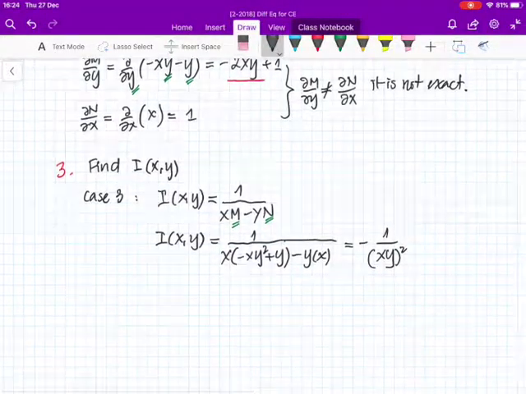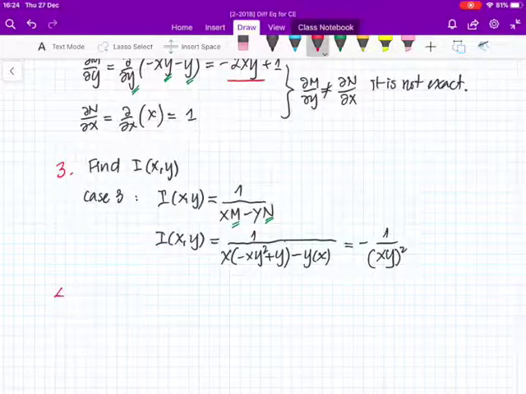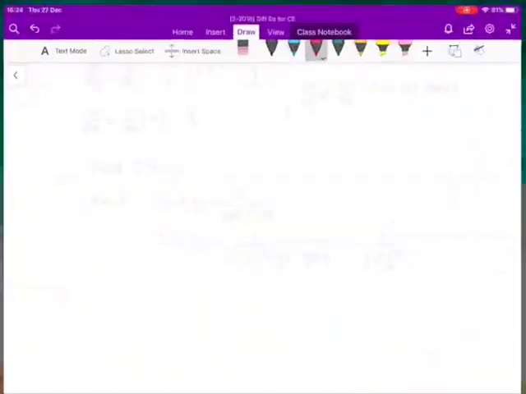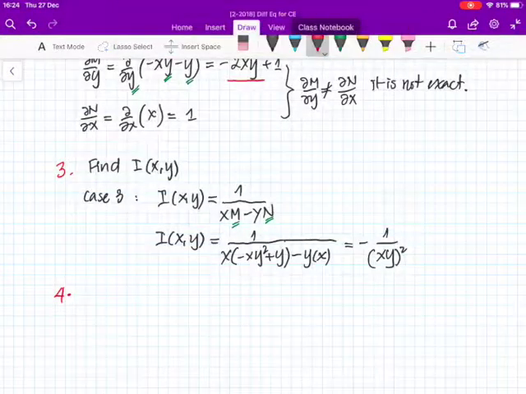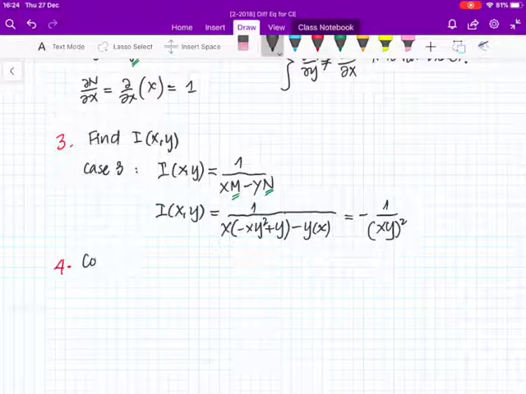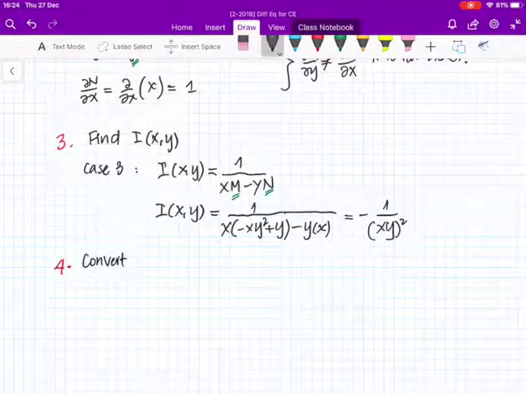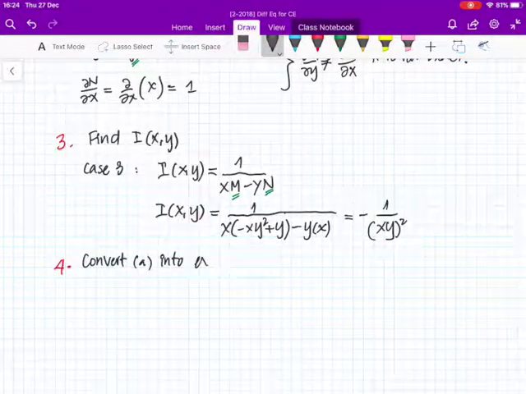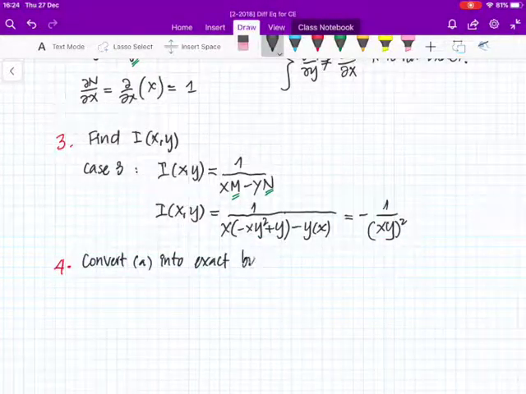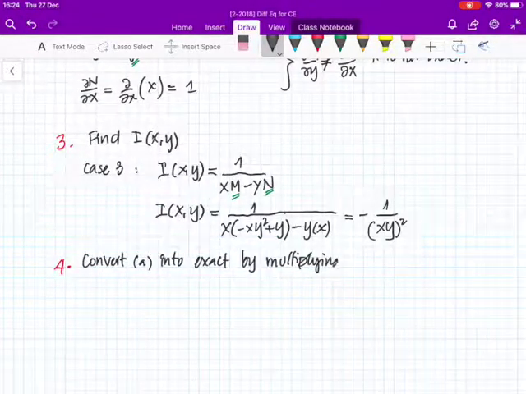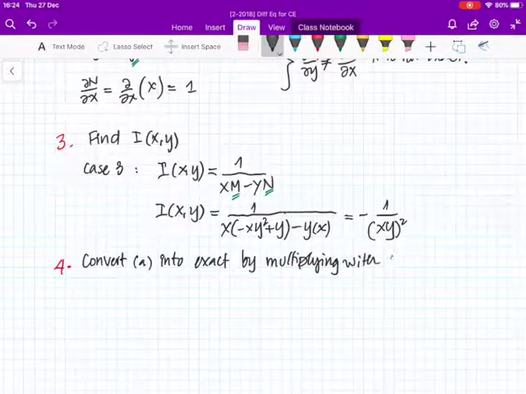Alright, so our next step is to convert equation A into exact by multiplying with the integrating factor.